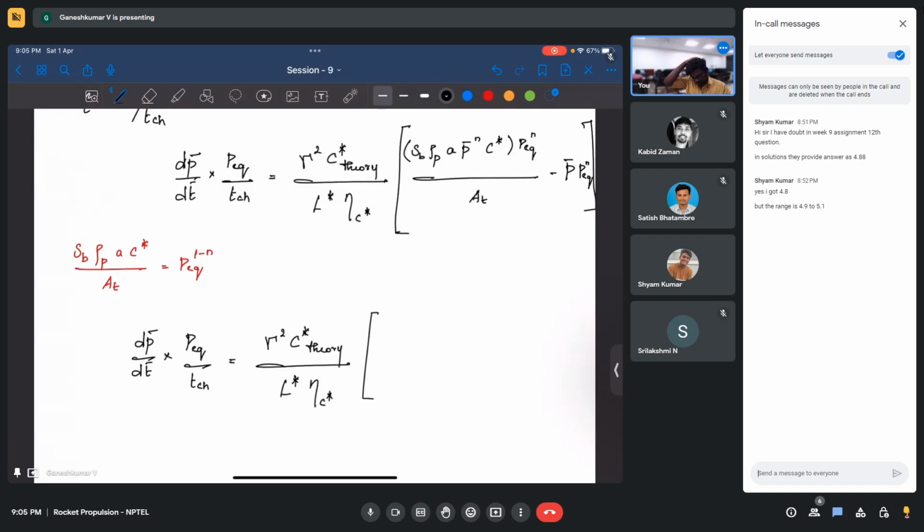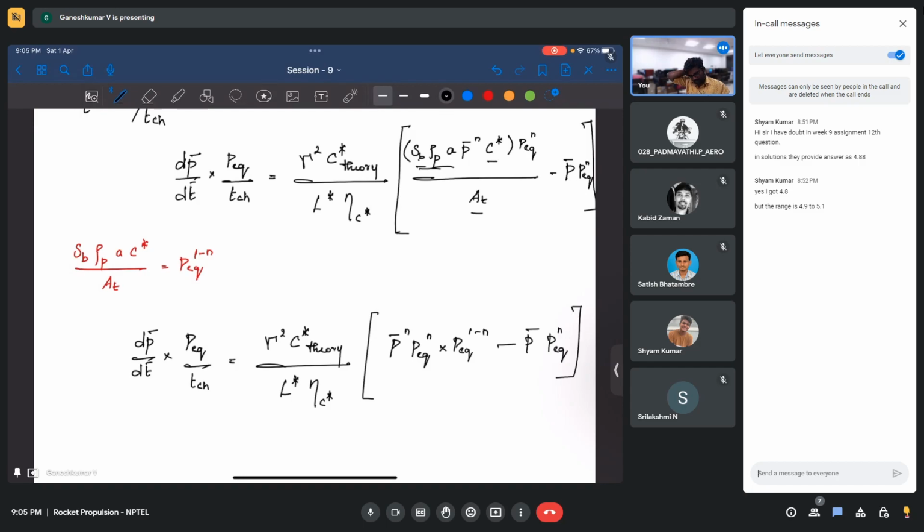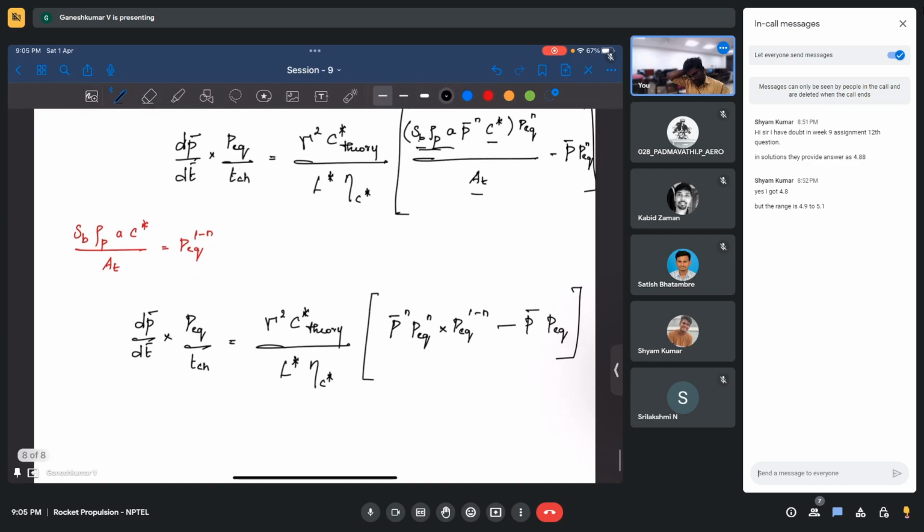So this is going to be P bar P equilibrium to the power n times P equilibrium to the power n, minus P bar P equilibrium.